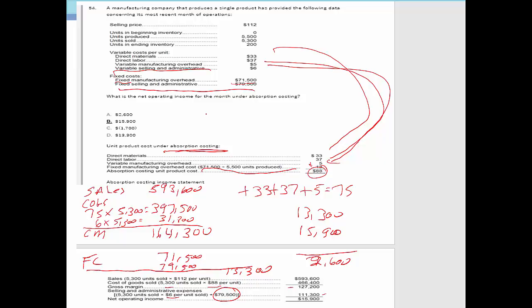Fixed manufacturing overhead per unit. We calculated already. 71,000, $13 per unit. Okay, the $13 per unit. There it is right there. $13 per unit times what? Times the 200 units that aren't sold yet, right? Because our inventory went up. Does that give us the 2,600?